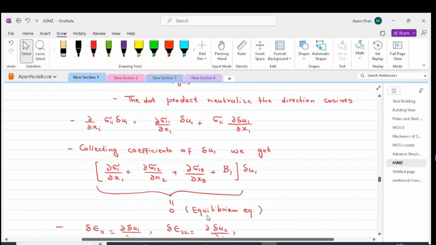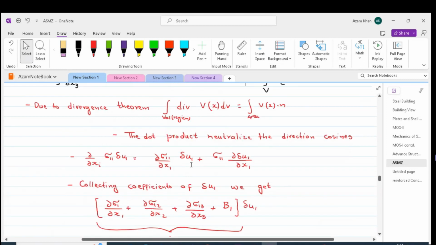This expression is equal to 0, as we know from equilibrium. A similar expression can be obtained by collecting the coefficients of delta U2 and delta U3. So all the terms corresponding to delta U1, delta U2 and delta U3 will be made 0.